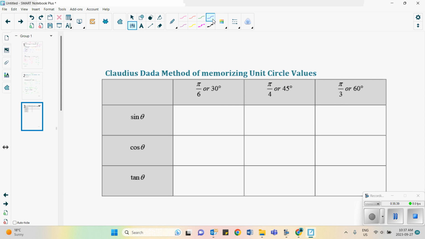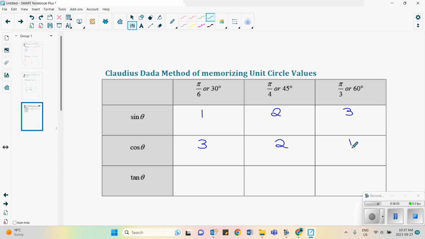Okay, SOHCAHTOA, right? Sine, cosine, tan, that's the way we always say it and when we taught it in grade 10. Sine: 1, 2, 3. Cos: 3, 2, 1.